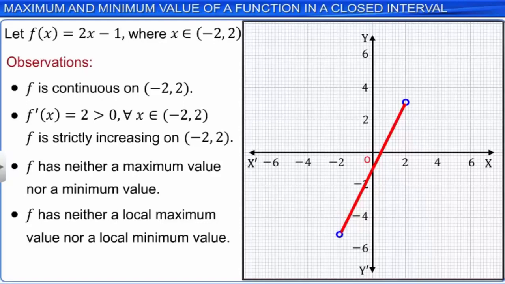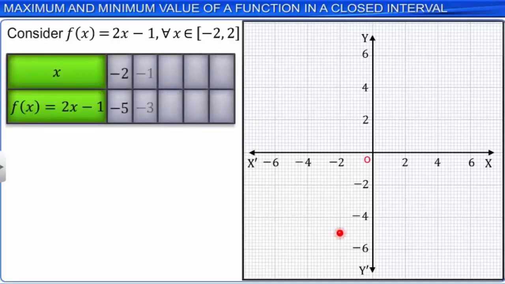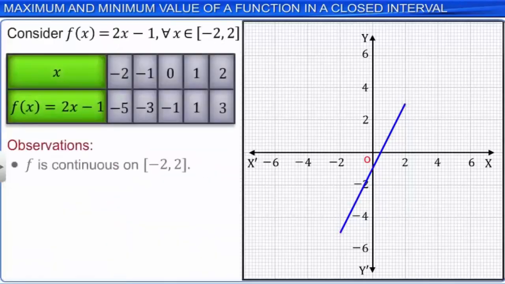Let us now see if there is any alteration in the observation if we extend the interval from open interval minus 2, 2 to closed interval minus 2, 2. Now, the ordered pairs satisfying the function f of x are as shown. If you observe the graph in this case, it is defined at the endpoints too. So, the continuity and the differentiability of the function remain unaffected.